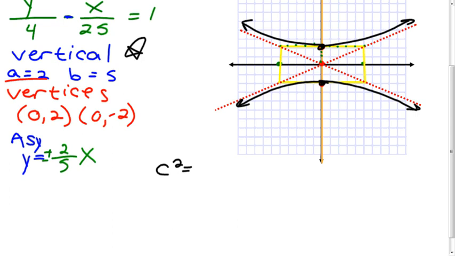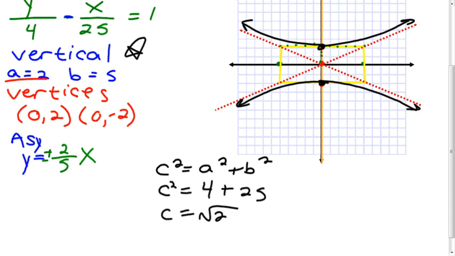So therefore, c squared equals a squared plus b squared. So c squared equals 4 plus 25, since a squared was 4 and b squared was 25. So c, therefore, is the square root of 29. So my foci are the square root of 29 away from my center, which is about 5.4.